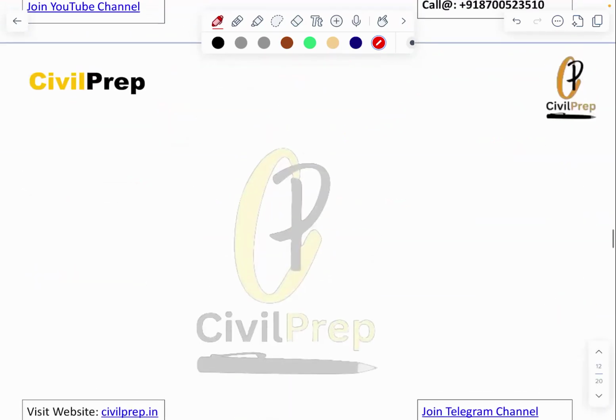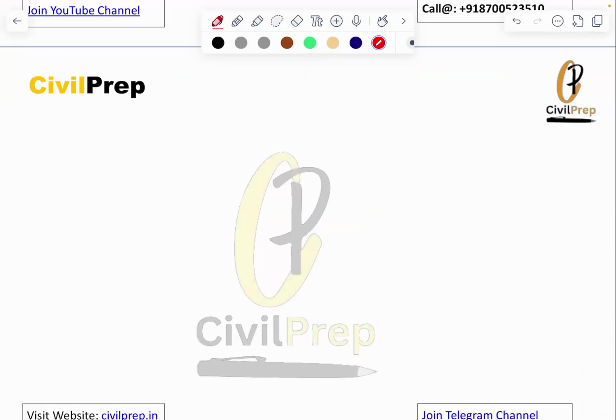Now, under this part, what is happening here? For example, this is the region. We will be considering this as a landform, and this is in the youth stage.